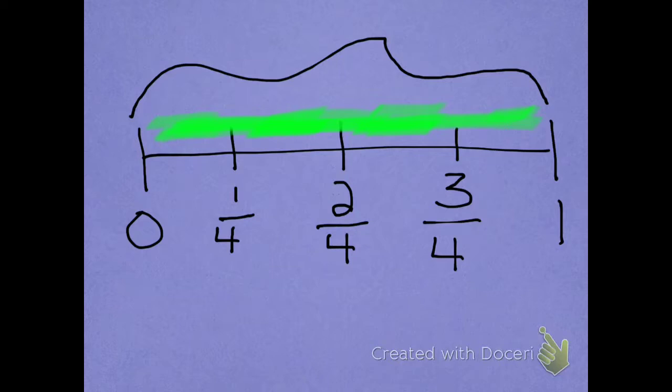The funny thing is, though, right here in the middle it says 2/4, but just a second ago I labeled it as 1/2. That's because 2/4 is actually 1/2. If it's right in the middle, we always call it 1/2. So then I could say that I have 1/4, 1/2, and 3/4 when I divide up my number line.